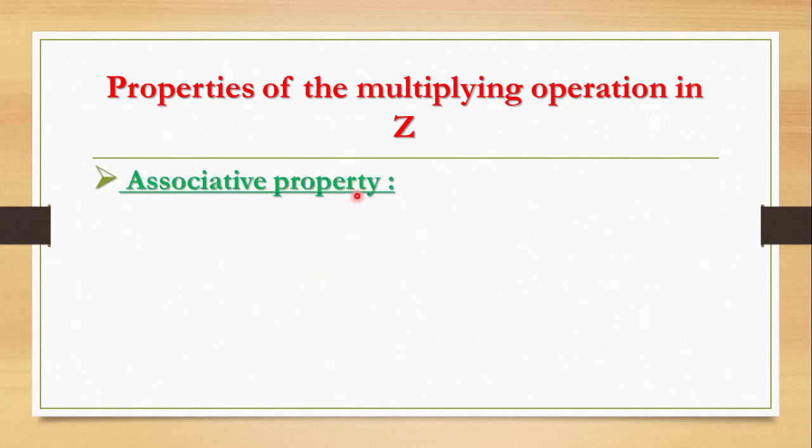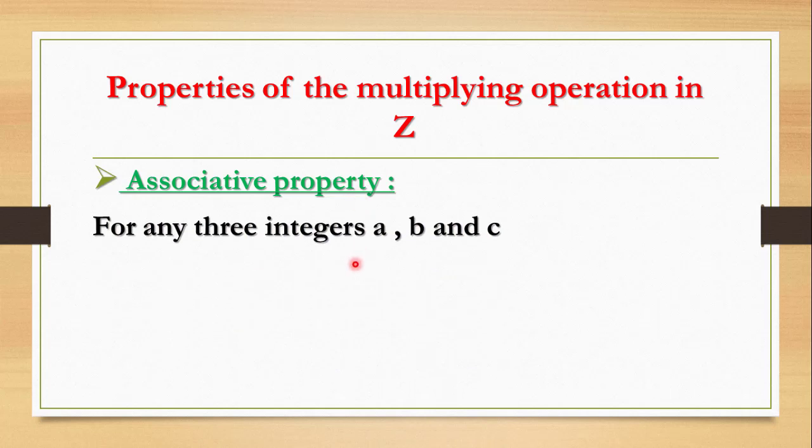Associative property. If we have three numbers A, B, and C that belong to Z, then A times B times C equals A times B times C, grouped either way. So the order of grouping in multiplication is not important.